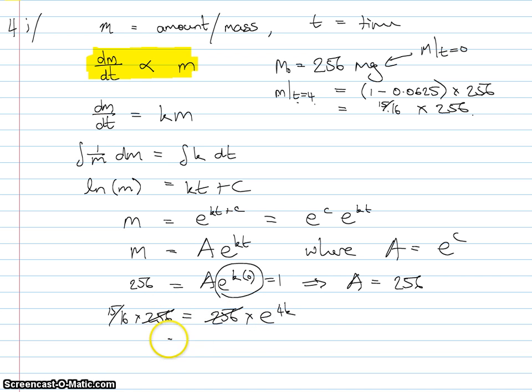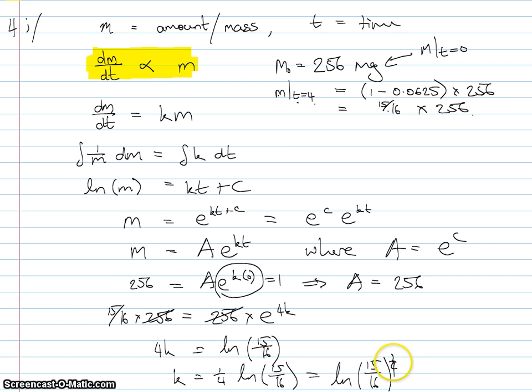And so I get 15 over 16 is equal to e to the 4k, so 4k is equal to the natural logarithm of 15 over 16, and k is equal to a quarter the natural logarithm of 15 over 16, which can also be written using our log rules as ln of (15 over 16) to the power of a quarter.